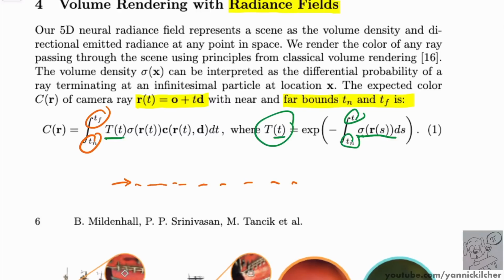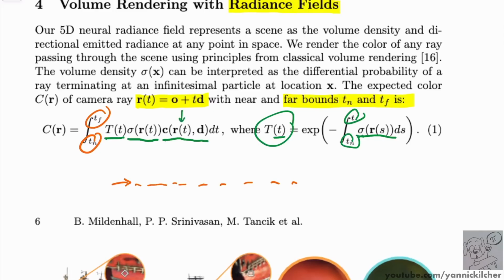So you have whether or not the ray is actually at that particular point, and how dense that particular point is, so how much stuff there is in terms of occlusion for your ray. If this is high, your ray is going to stop and you're going to adopt the color that is there. You can see this is multiplied by the color at that particular place.